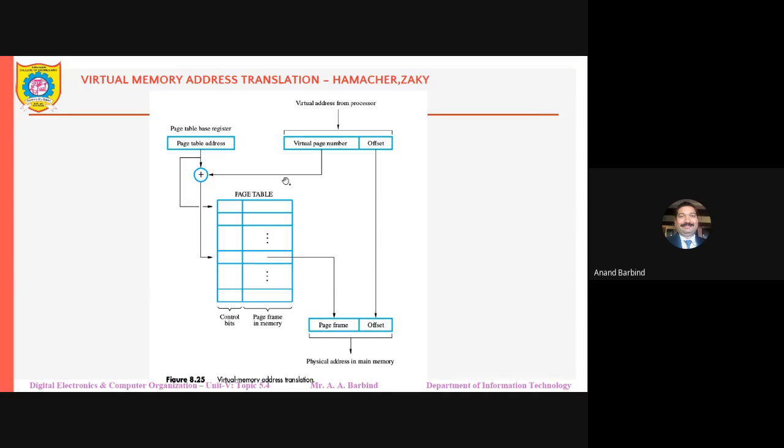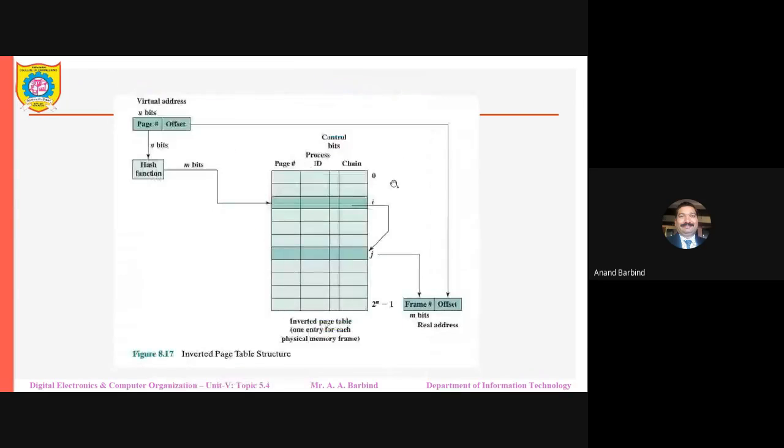This is the way the conversion of virtual address to physical address is shown in the book of Hamacher, whereas this is the way the conversion of virtual address to the real address is shown in the book of Stallings. The concept is one and the same, only the representation is different.